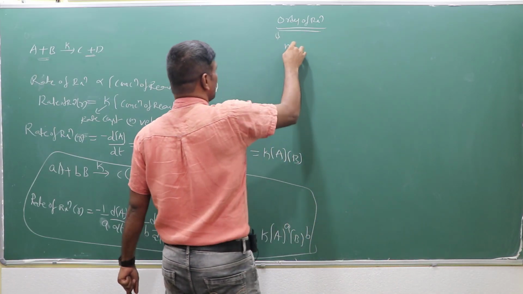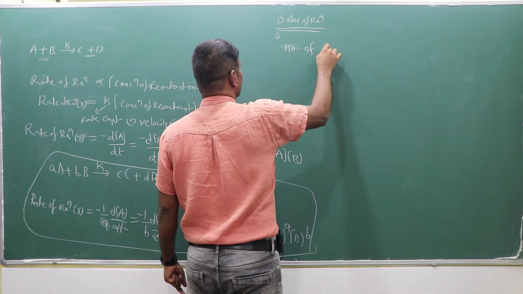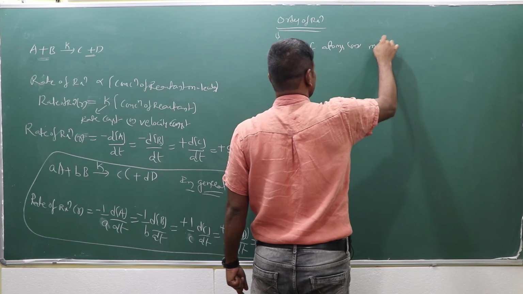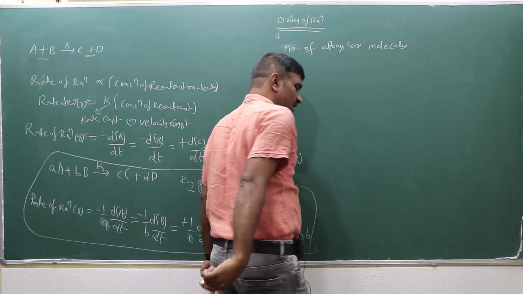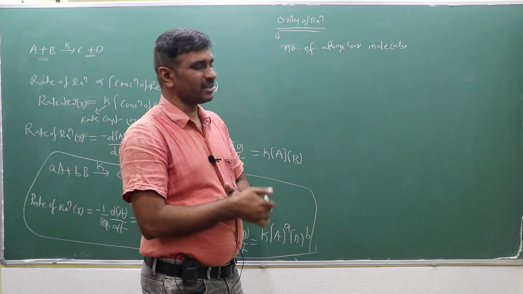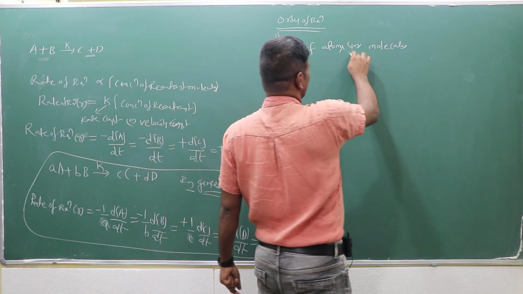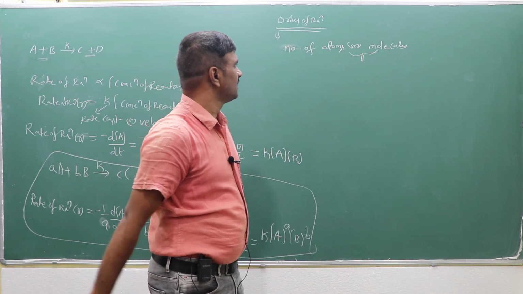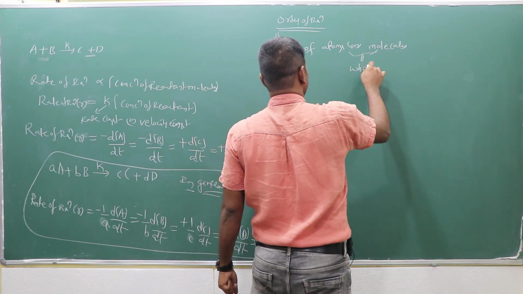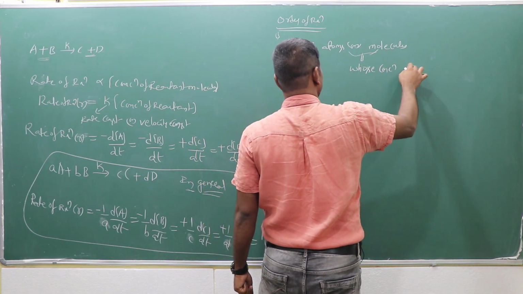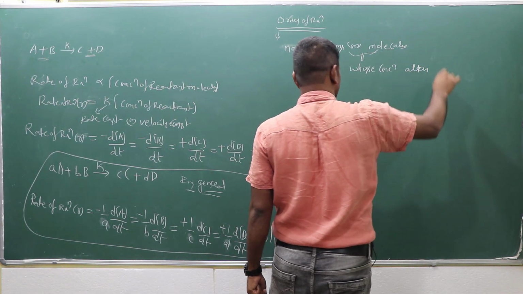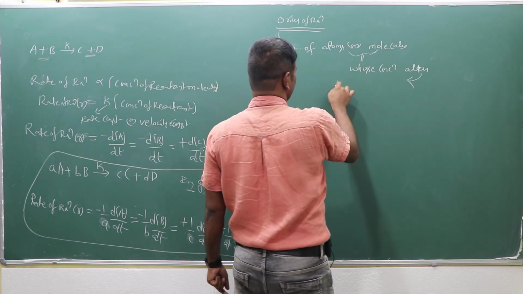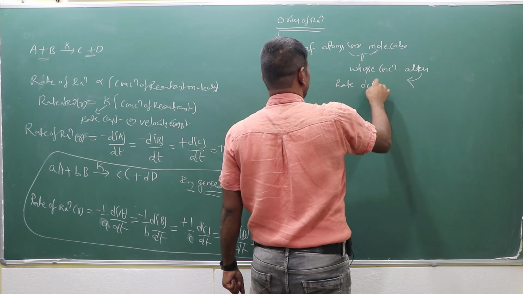The number of atoms or molecules or ions, that is, reactant species, whose concentration is changed or altered during the rate determination process.